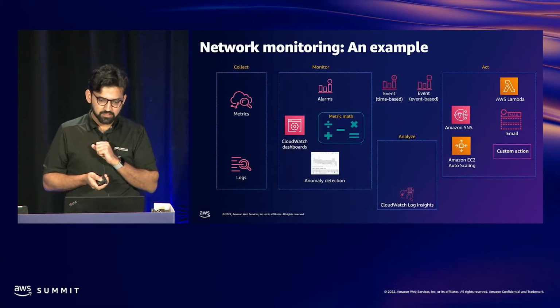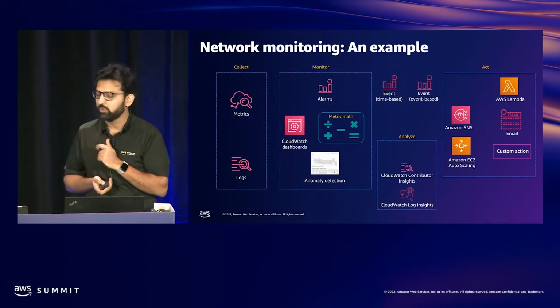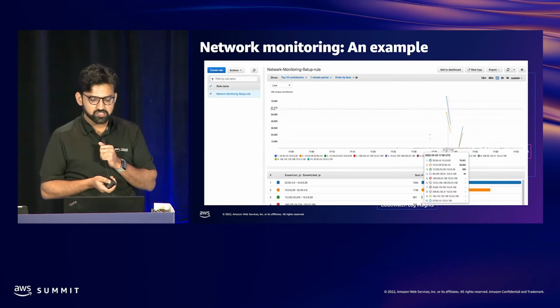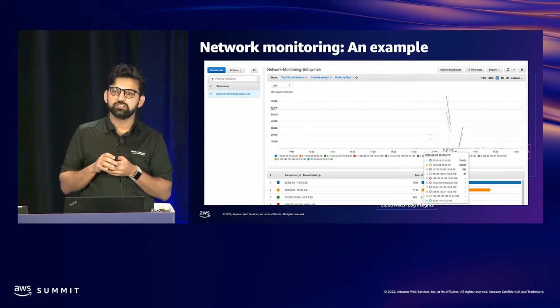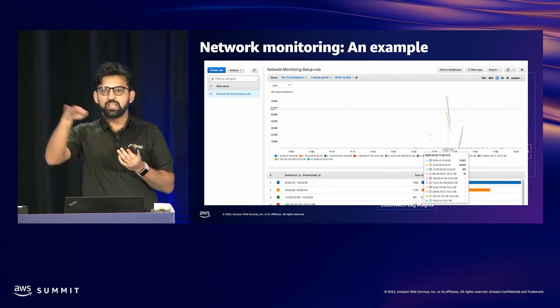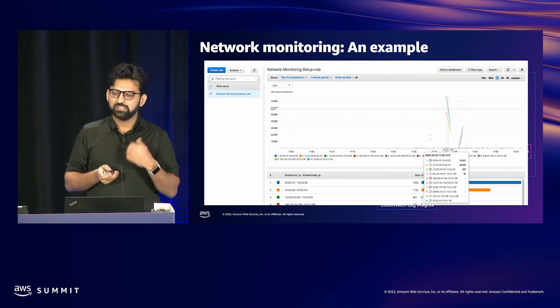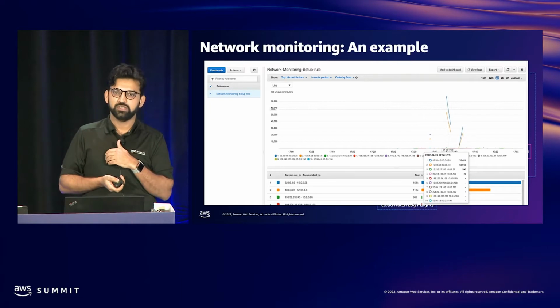The second feature within CloudWatch that can be really helpful is CloudWatch Contributor Insights. Contributor Insights allows you to quickly find the top contributors talking to your application, basically interacting with your network and getting to your application. In this example, you can see I have the top 4 talkers which are sending the most requests to my application.